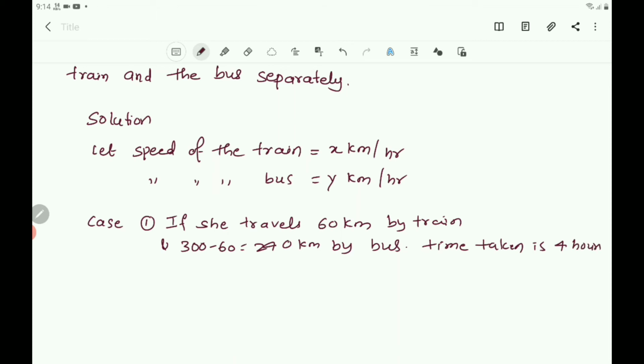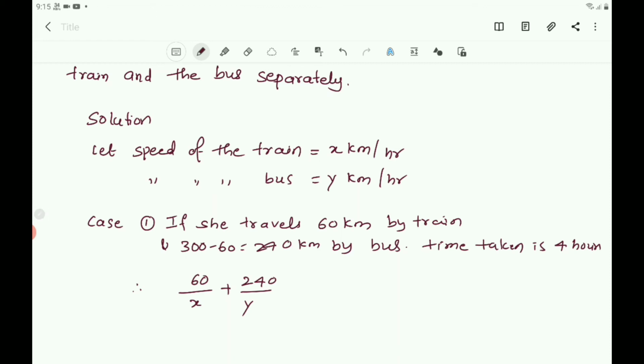Then the relation becomes: the time taken by train is 60 by x, plus the time taken by bus is 240 by y.